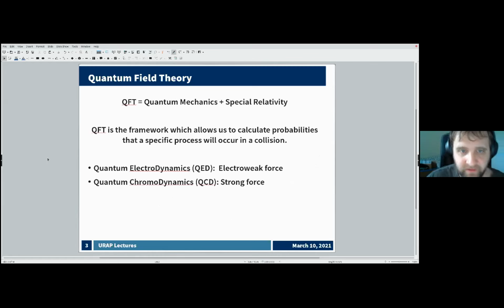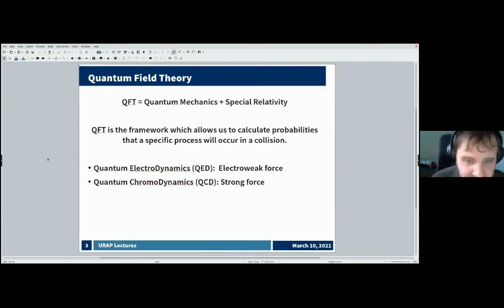Okay, quantum field theory, that's the next buzzword that's relevant to the mathematics. Quantum field theory is basically what happens when you combine quantum mechanics with special relativity. Special relativity adds special conditions on how you can perform the calculation such that you don't violate causality, basically time.